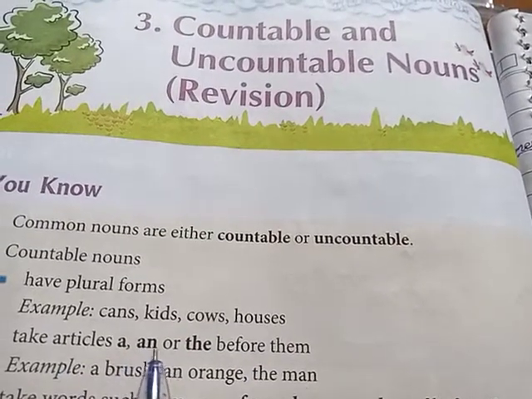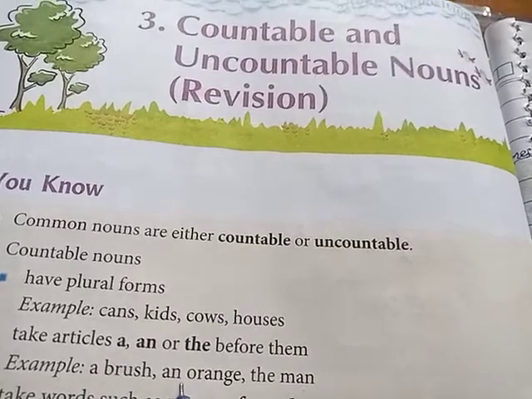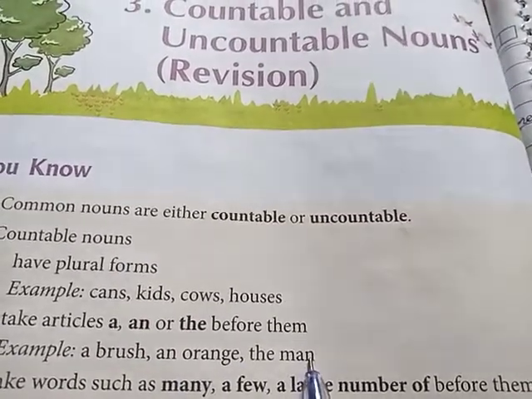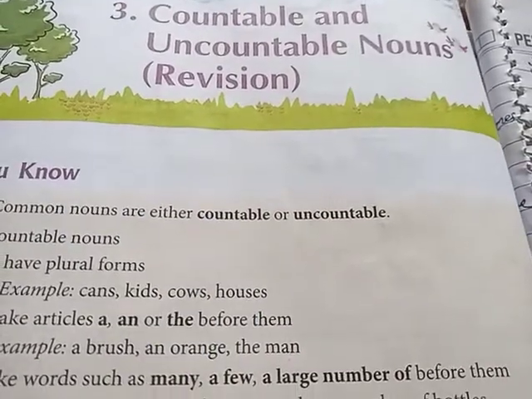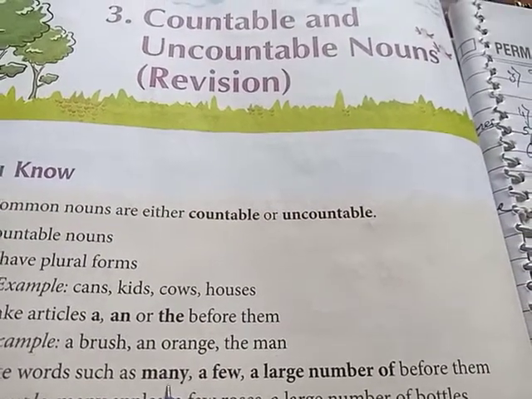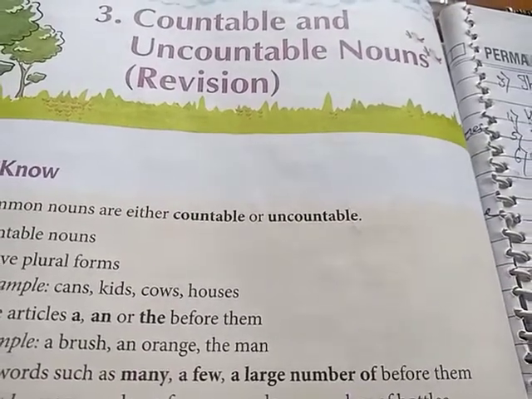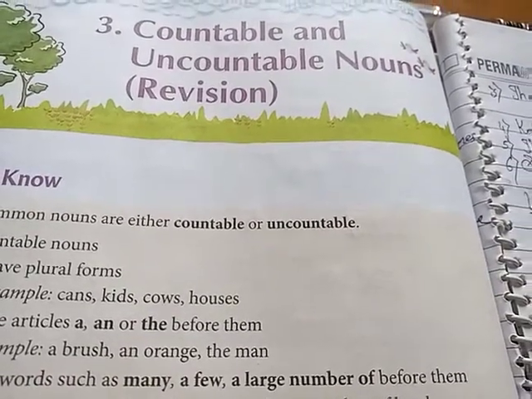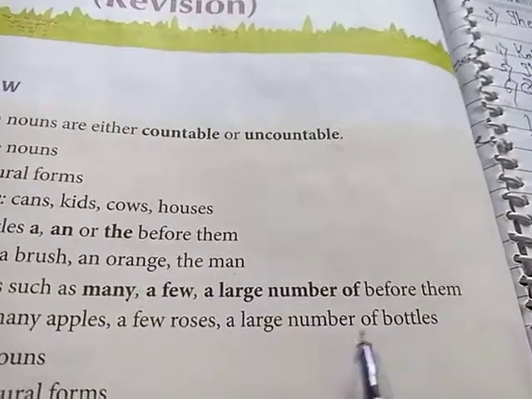We can use "a" and "the" also: a brush, an orange, the man. Okay, we can use "the" also with a countable noun. We can use words such as many, few, a large number of before the countable noun: many apples, few roses, a large number of bottles.